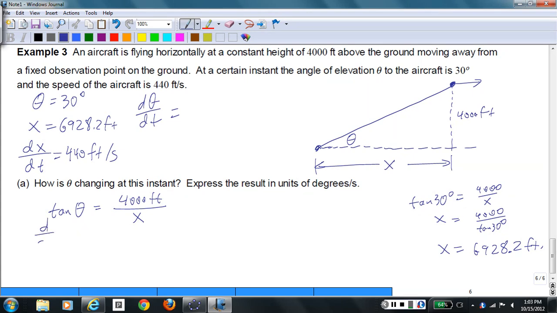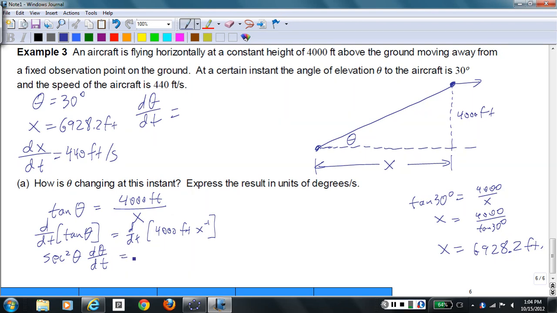It's ddt of tangent theta equals ddt of 4,000 feet x to the negative 1. So we differentiate tangent theta, derivative of tangent of something is secant squared of that something times the derivative of that something with respect to t in this case.